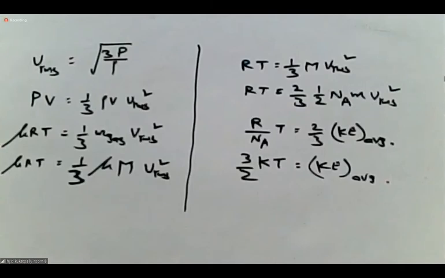Problem. Calculate the RMS speed of hydrogen at STP, standard temperature and pressure conditions. One mole of hydrogen, what is the RMS velocity? Density is given as 0.09 kg per meter cube.